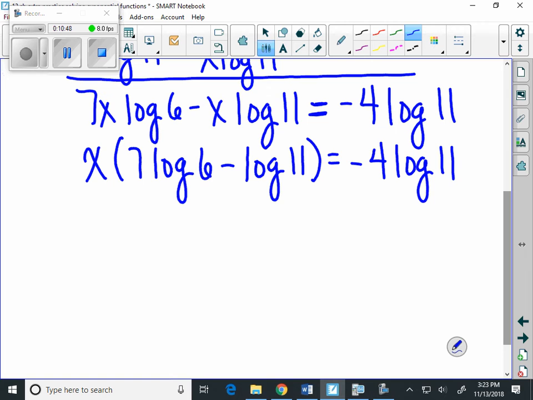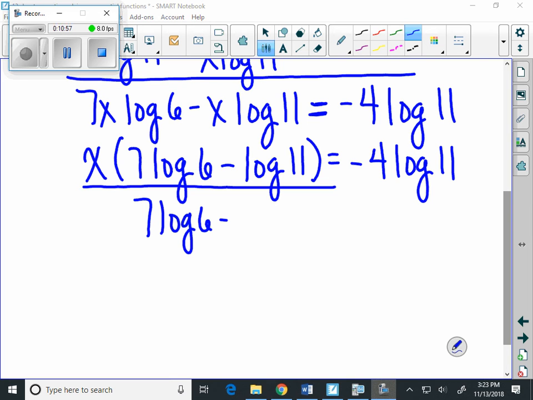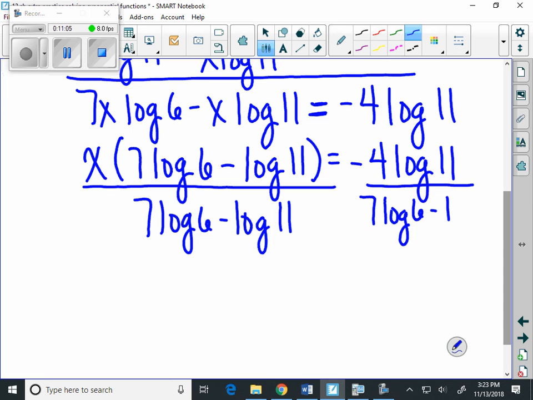It's x times this value, so we're going to divide by 7 log 6 minus log 11 on both sides.